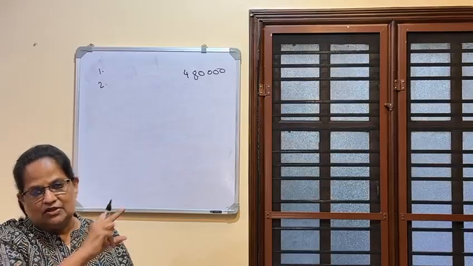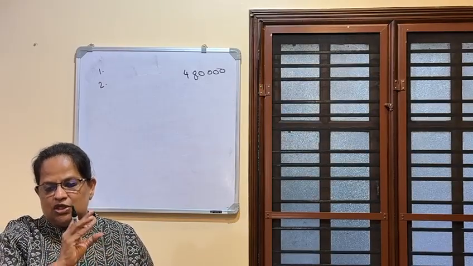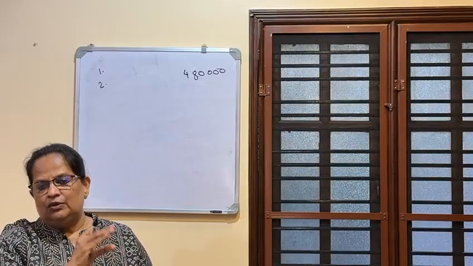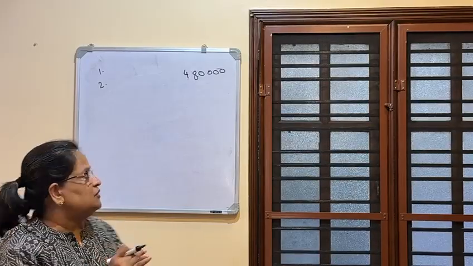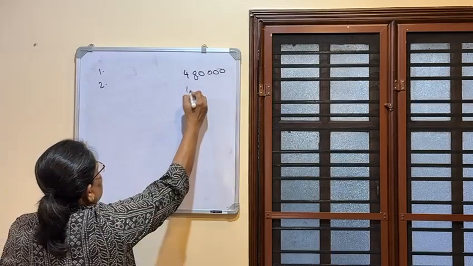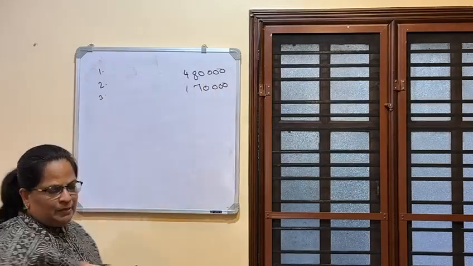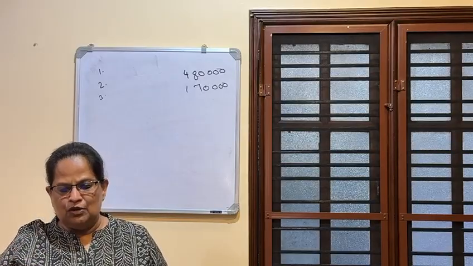So 4,80,000 is your salary, 50% is directly entering. So first is 2 lakhs into 50 by 100, that value 1 lakh we got. The balance amount 25%, so 70,000. So DA value is 1,70,000. Now if you make a mistake in DA computation, there itself the calculation will go wrong.